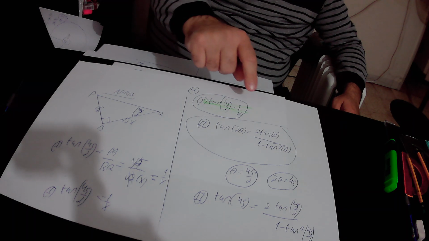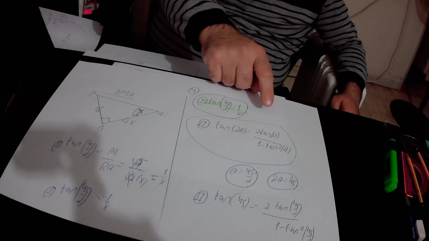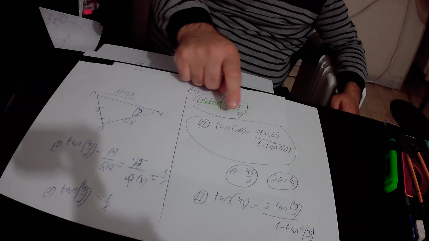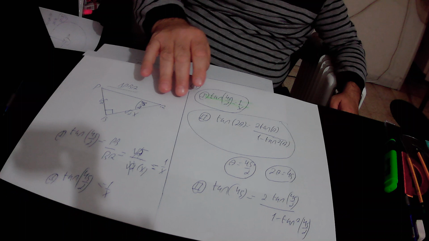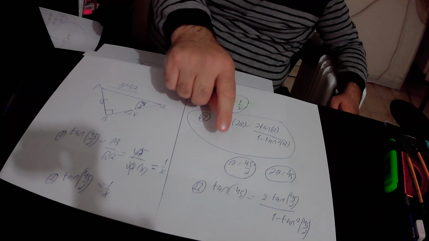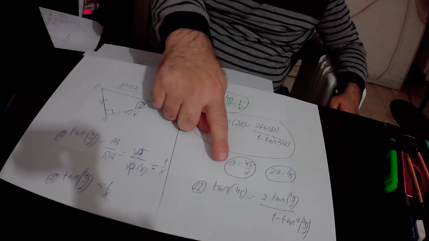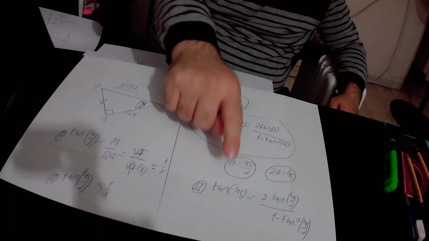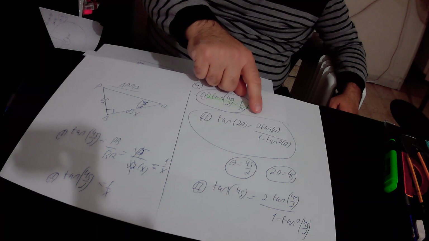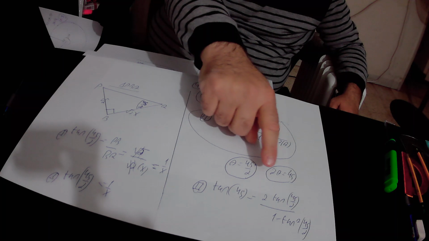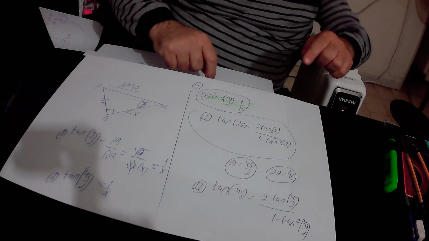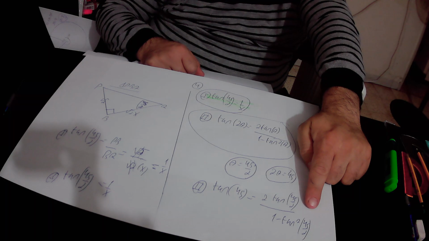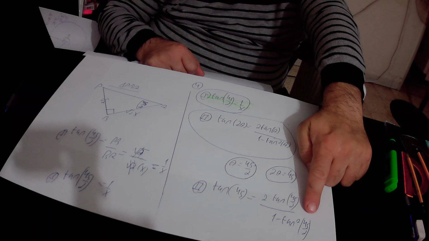Then we substitute theta by 45 over 2 degrees and 2 theta by 45 degrees.